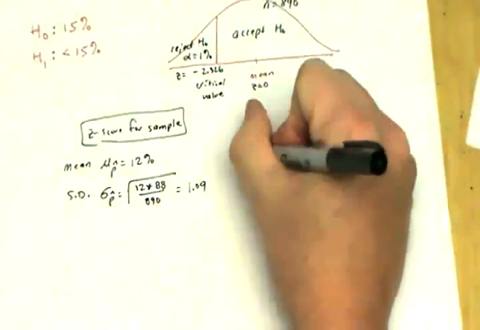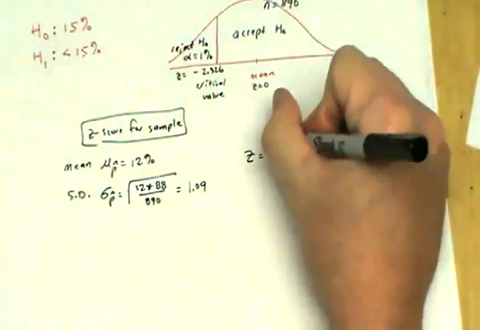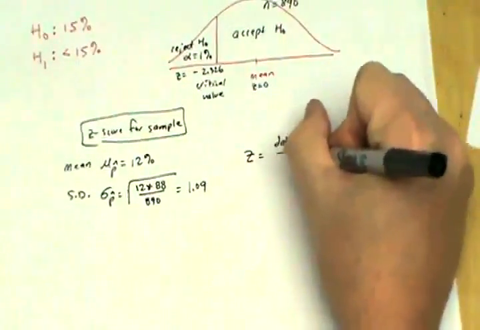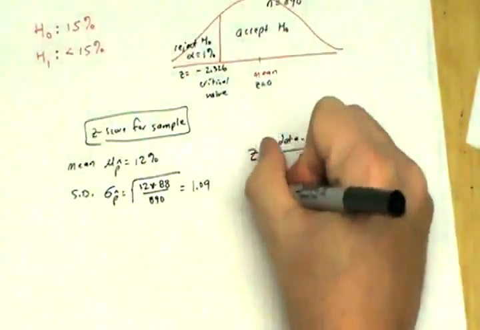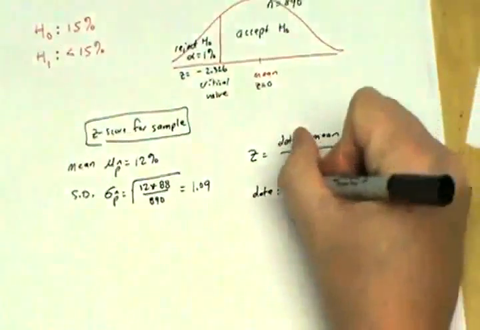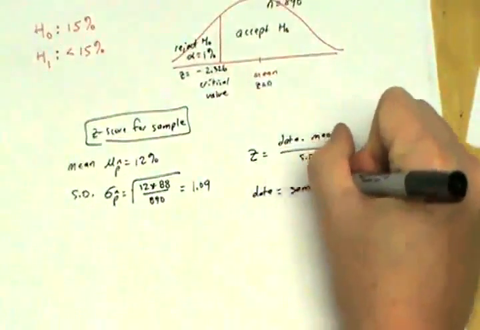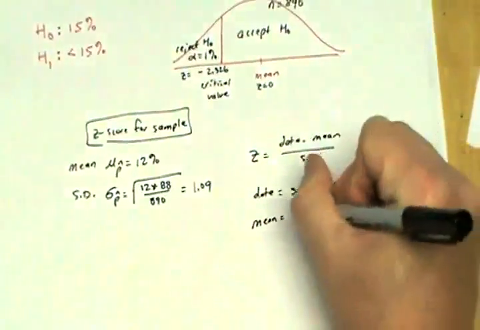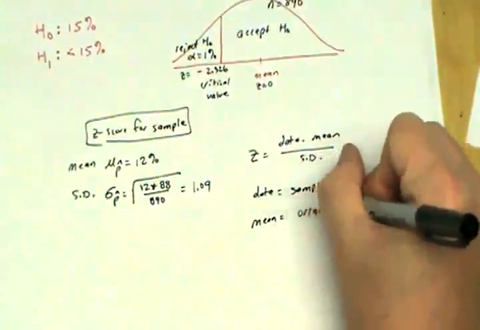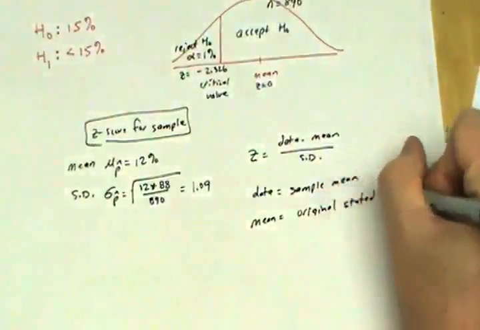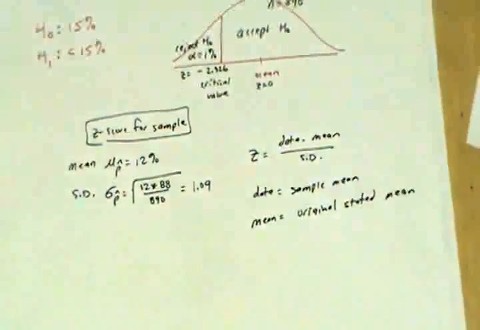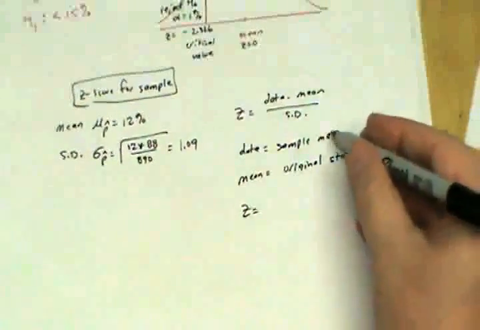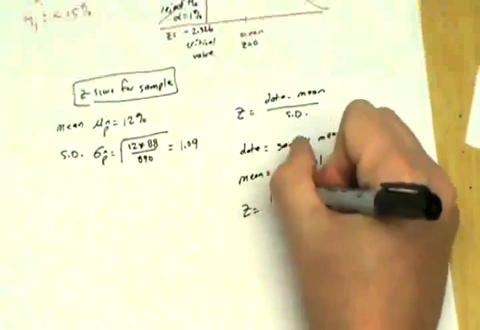And that's our standard deviation. Now we need to find the z-score. So we're going to say data minus mean divided by standard deviation. Now the data is going to be your sample mean, and the mean is the originally stated mean. So for this example, our sample mean is 12%.